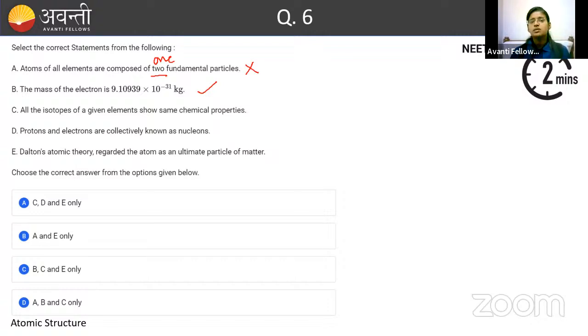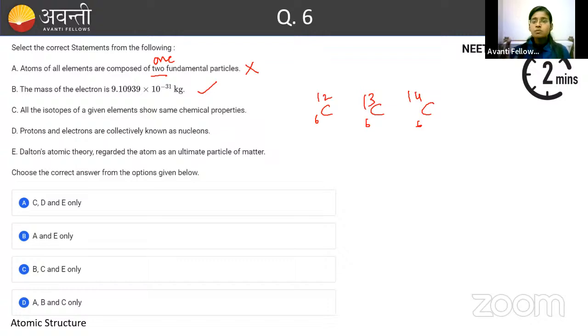Next, coming to C, all the isotopes of a given element show same chemical properties. Yes. Suppose I take the isotopes of carbon. Carbon has three isotopes, C-12, C-13, C-14. So what is actually an isotope? Atoms of the same element having same atomic number but different mass number. That is called an isotope.